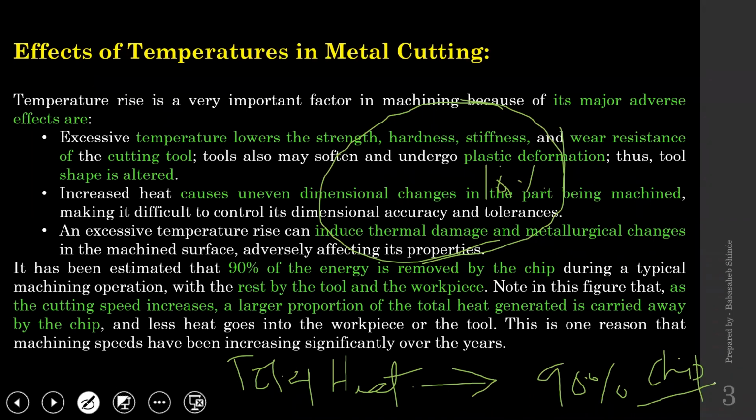When you use a single point cutting tool to remove the material, when workpiece material gets converted into chip and goes away from the cutting tool and workpiece, it takes away 90% of the total heat generated. Okay, so there might be a multiple choice question based on this one. What amount of heat will be taken away by the chip? 90%. So the remaining 10% is the heat that is supposed to be dealt with by the cutting tool and workpiece.